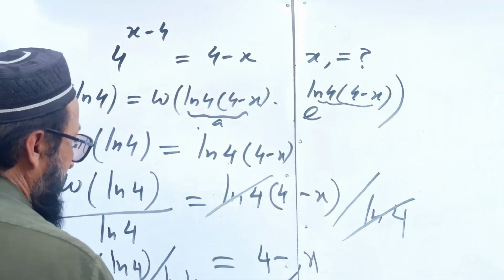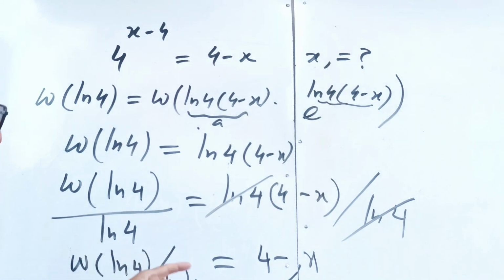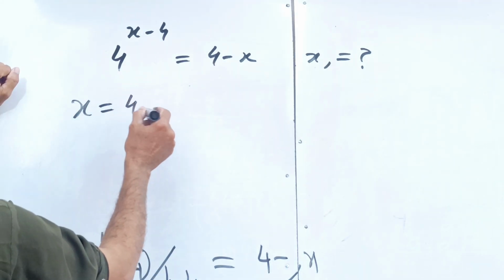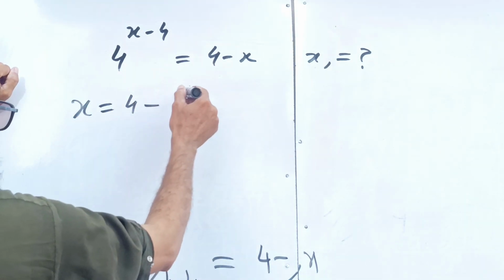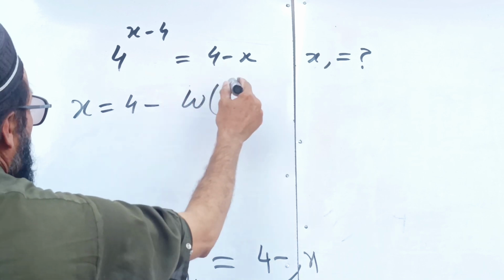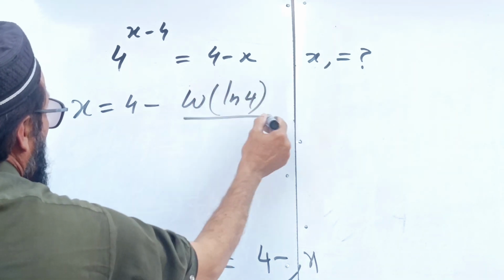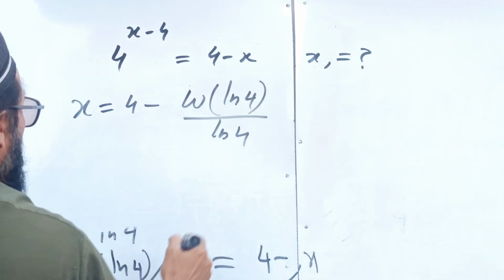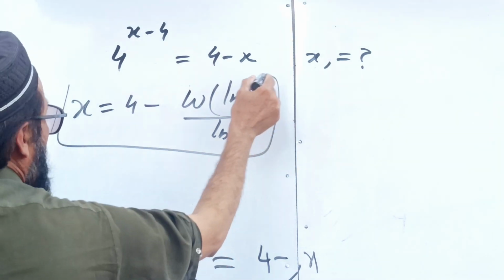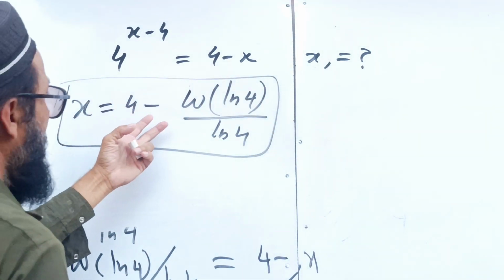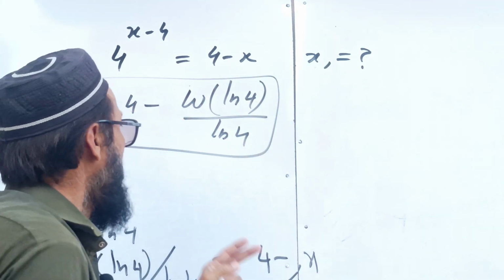Now we transfer x to the left side, so x is equal to 4 minus W of log of 4 divided by log of 4. So this is the solution of this question. Further we can simplify by using the calculator. This is the value of x.